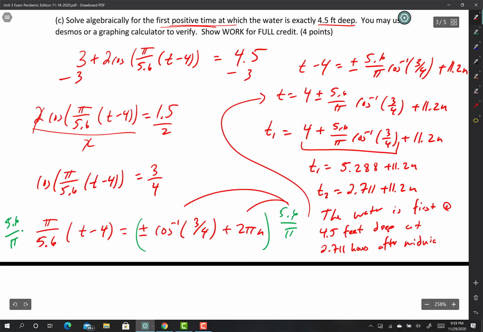I don't know if that makes sense there or not. So the first positive time at which the water is exactly, okay, maybe you should write it like this, guys. The first positive time at which the water is exactly 4.5 feet deep occurs at 2.711 hours after midnight. It probably sounds better that way. The water is first 4.5 feet deep at 2.711 hours after midnight. There it is, guys. Let's keep going.